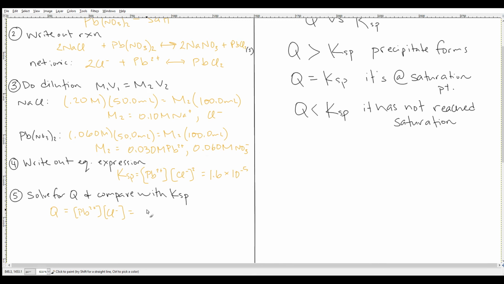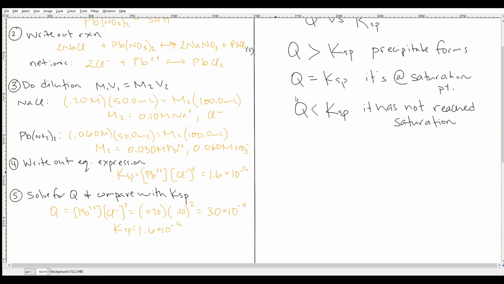I had 0.030 for lead, and my chloride, oops, that needs to be squared, 0.10 squared. So my Q value is 3.0 times 10 to the negative 4, whereas my KSP was 1.6 times 10 to the negative 5.